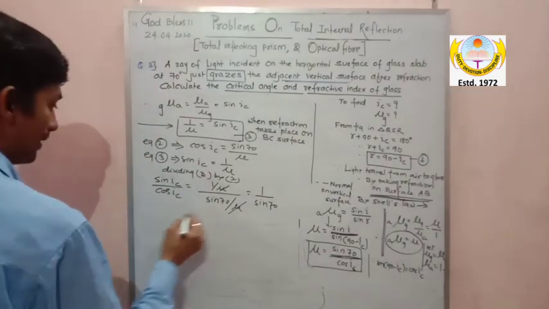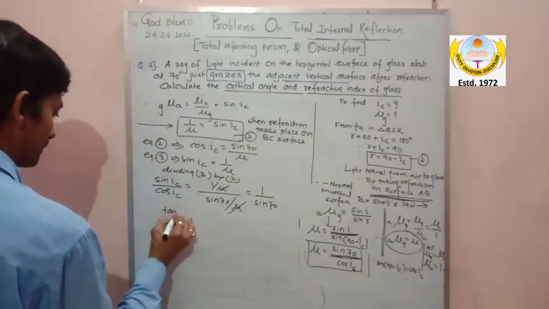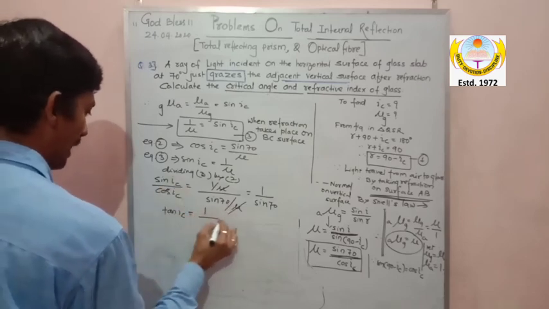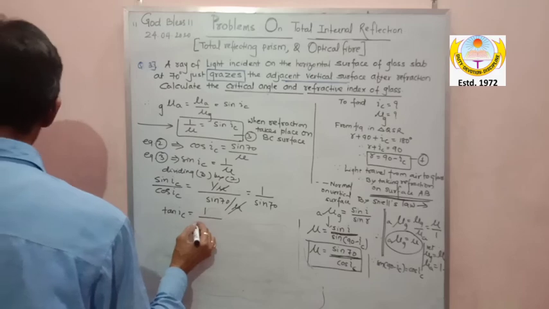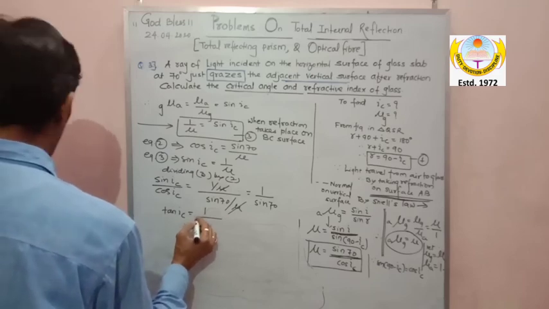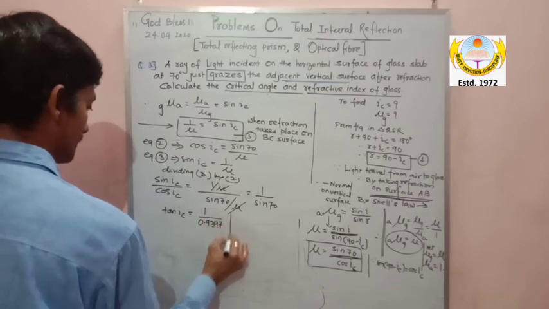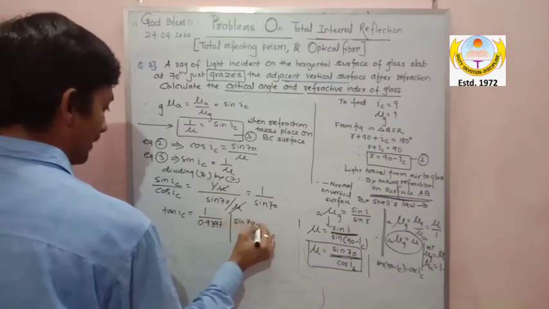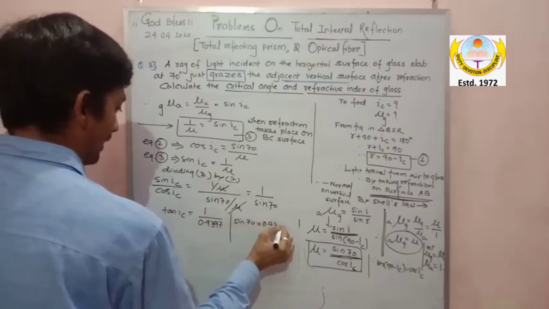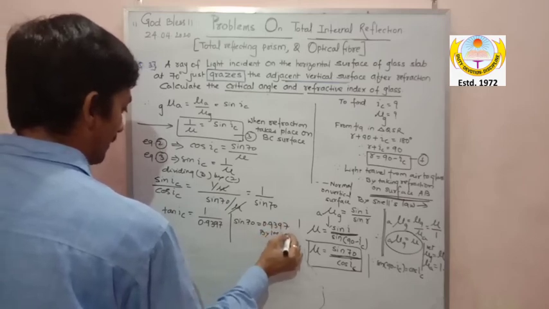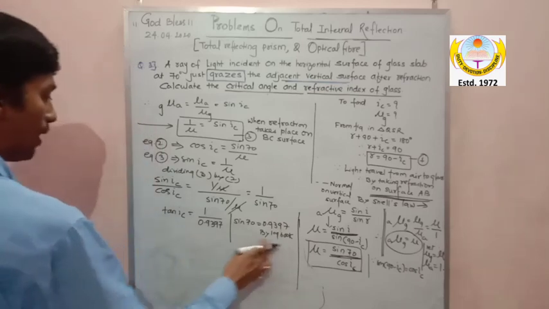Now my dear, this is tan IC, because sin IC upon cos IC is tan IC, and this is 1 upon sin 70. The value of sin 70 from the log table is 0.9397. I am writing where I am getting it from, the log book.